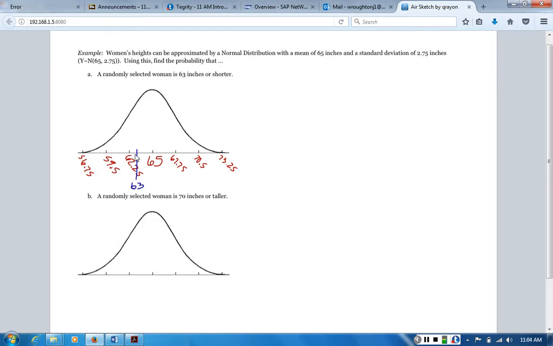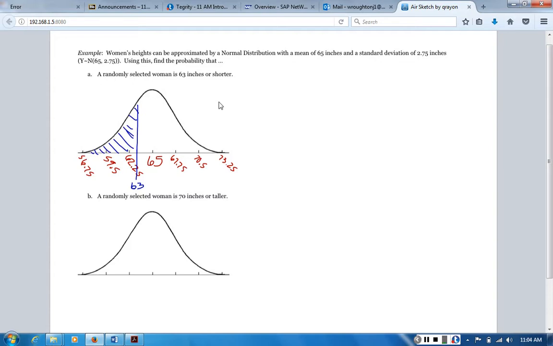And then are we going to shade to the left of 63 or to the right of 63? Well, it says 63 inches or shorter. So shorter are going to be those to the left. So basically the first 3 steps are to draw the appropriate picture.